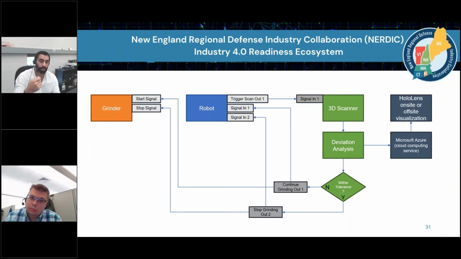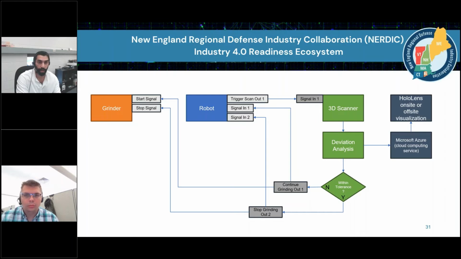So this involves the scanning process as a separate process, the identification of the wear as a separate process, then the remachining of that part back down to nominal as a separate process.